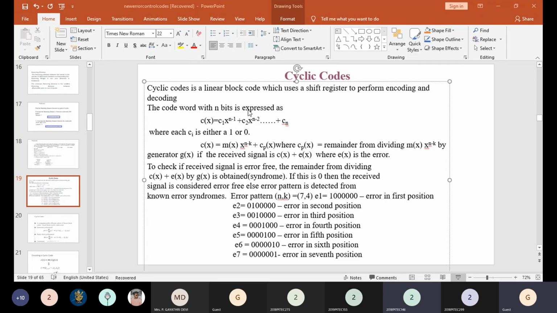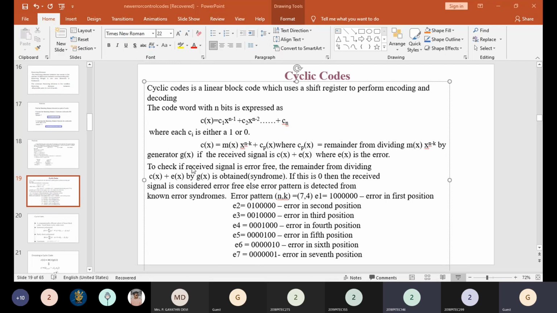So multiplication by x power j modulo x power n minus 1 is equal to a cyclic left shift by j positions. So c_j of x is x power j into c of x mod x power n minus 1, where c_j are the coefficients. So it is represented in a generalized manner.